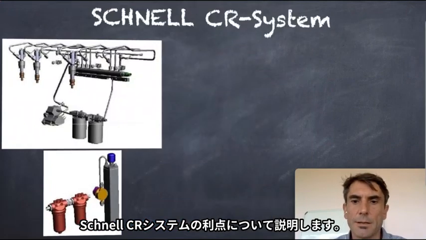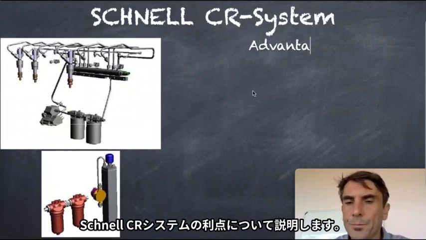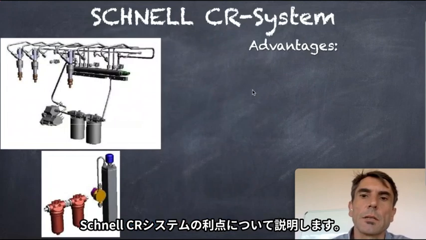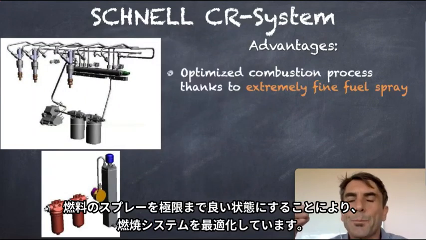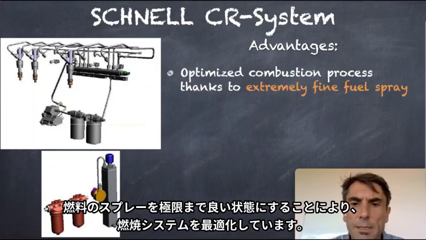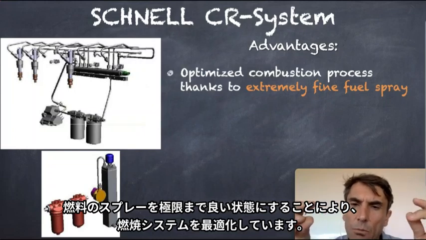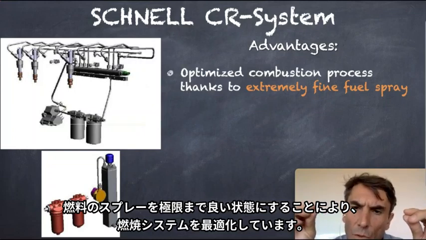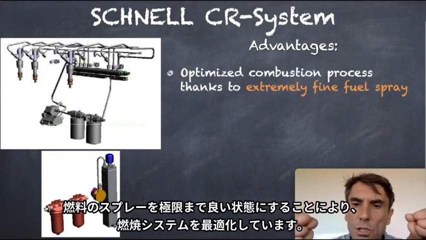Okay, Schnell common rail system. The advantage of the Schnell common rail system is that we can optimize the combustion process with the high pressure of the common rail system to get extremely fine fuel sprayed in the combustion chamber.